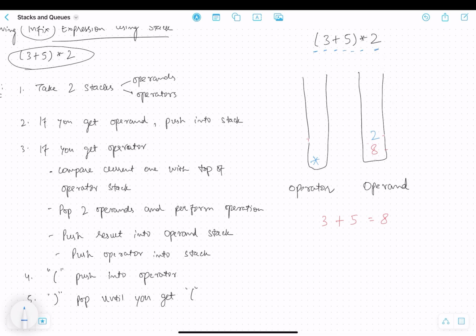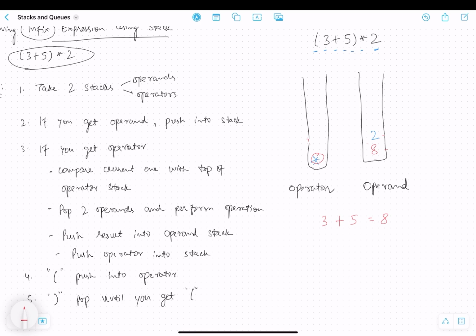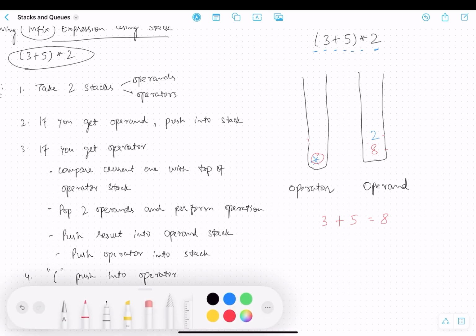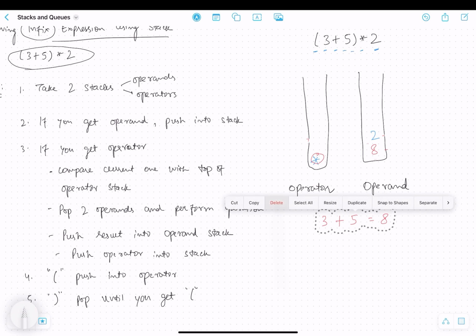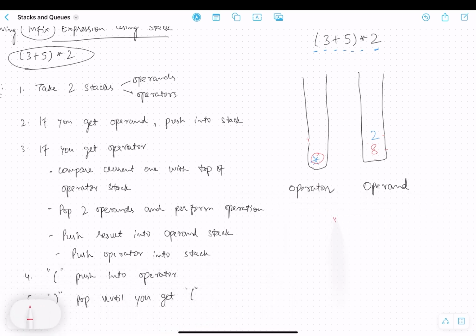So now we will keep on popping the operator stack. So we will pop this operator. This expression is no longer needed. We can remove this one. So star is popped. So when an operator is popped, we need two operands to perform it.